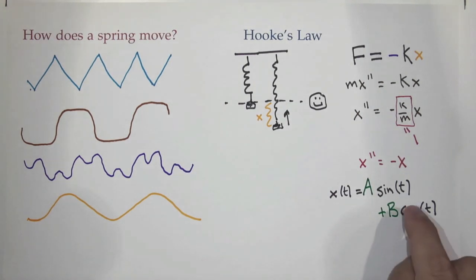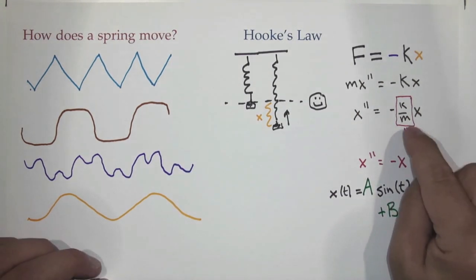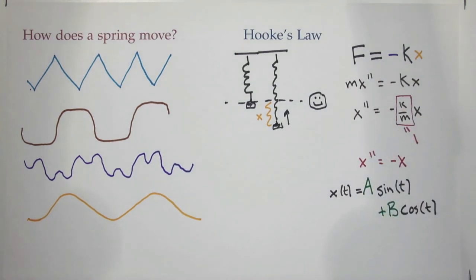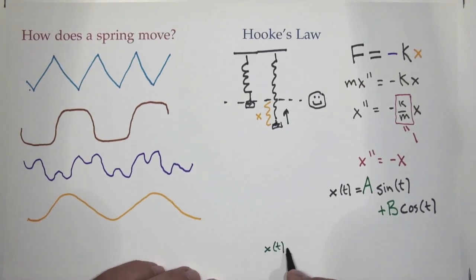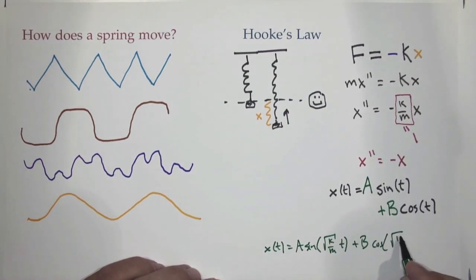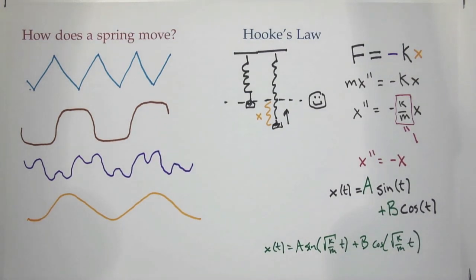What I need is whatever multiplies the t, when I do it twice, to end up with a k over m. Any idea what might do that? Yeah. So x of t equals a sine of square root k over m t plus b cosine square root k over m t. So that would be the most general solution.